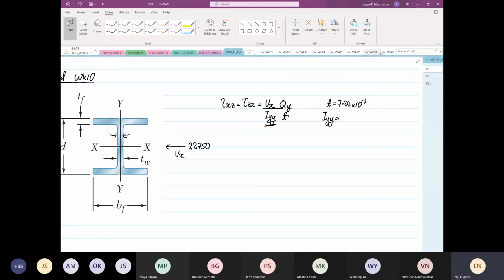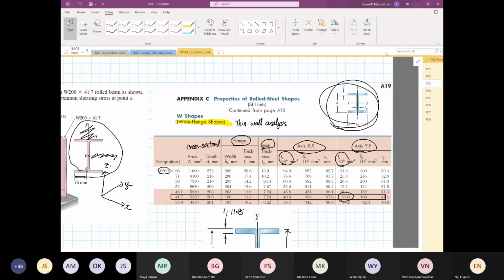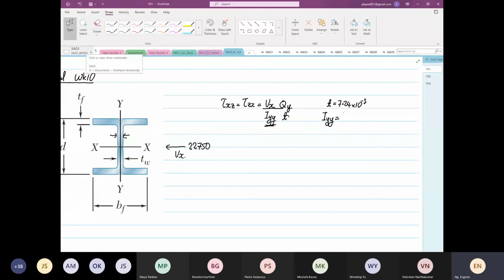So Iyy will be equal to 9.03 times 10 to the power minus 6, meter to the power 4. So Vx we also know, right? Vx we are made aware is equal to 22750 Newton.